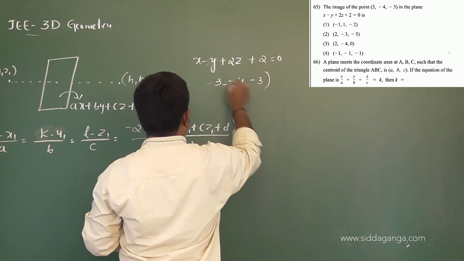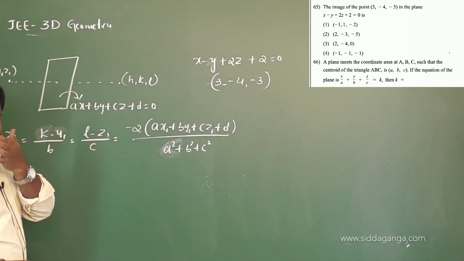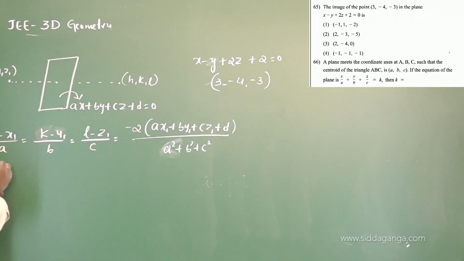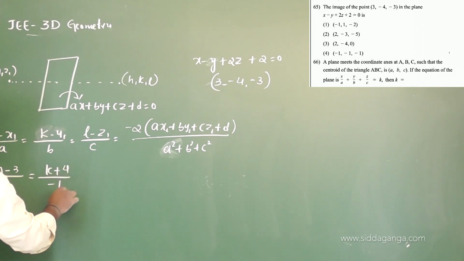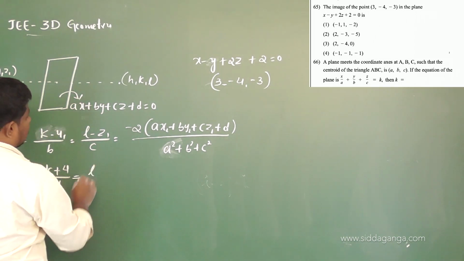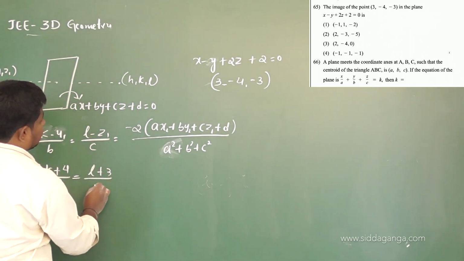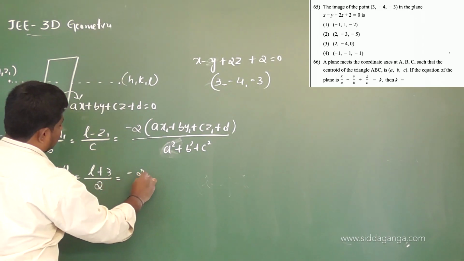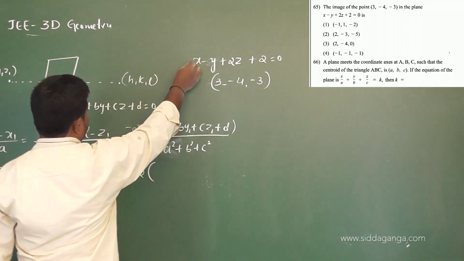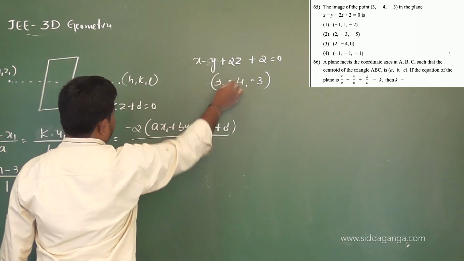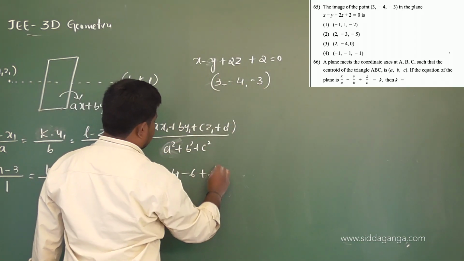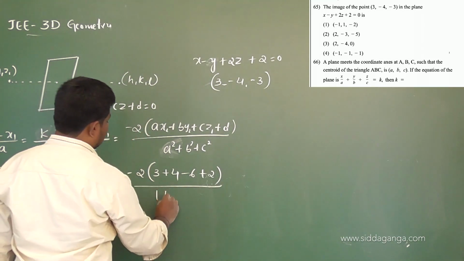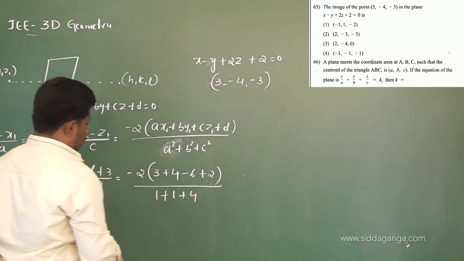Let me substitute these values in this. (h minus x1) by a is 1, (k minus y1) by b is minus 1, (l minus z1) by c, that is 2, equal to minus 2 times (1 into 3, plus 4, plus 2 into minus 6, plus d) whole divided by a square plus b square plus c square, 1 plus 1 plus 4.